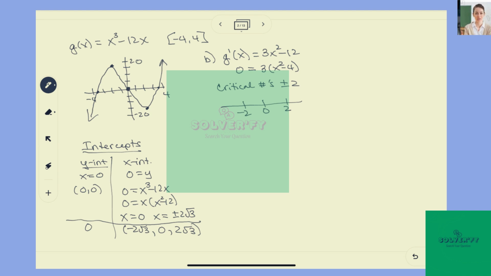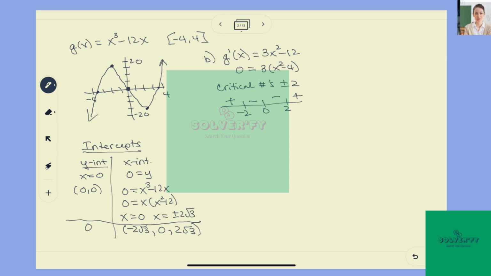If I put in a value less than -2, I'm going to get out a value that is positive. -1 will give me a value that's negative, and 1 will give me a negative, and 3 will give me a positive.